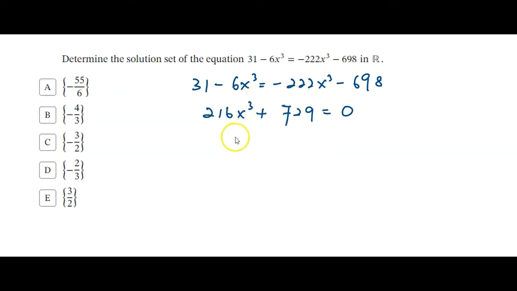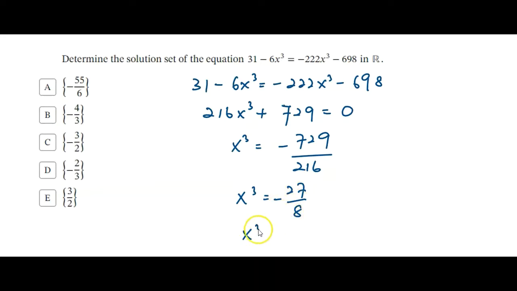In order to solve for x cubed, we can take negative 729 over 216, where you get negative 27 over 8. Then your x cubed has to be the cube root of negative 27 over 8, where this is equals to negative 3 over 2. So the answer is C.